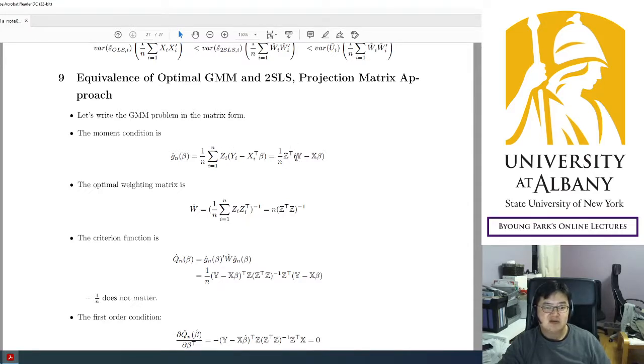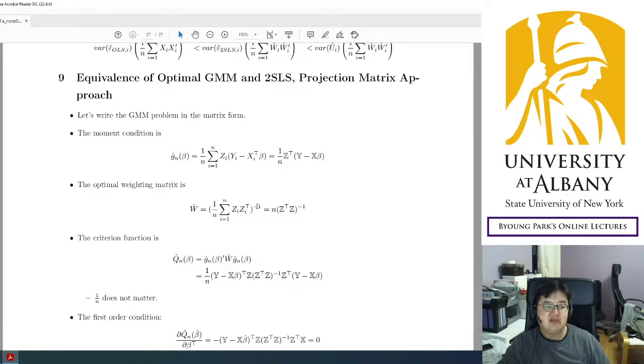The summation can be simplified to capital Z prime (y minus X beta), and the weighting matrix was given by this. It can also be simplified to capital Z prime Z, and the 1 over n inside the inverse can go outside as n.